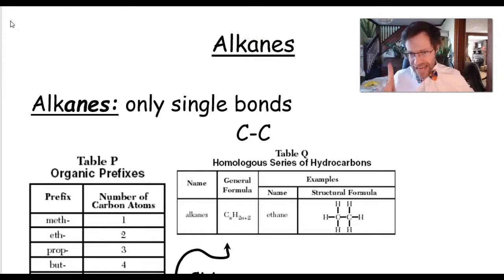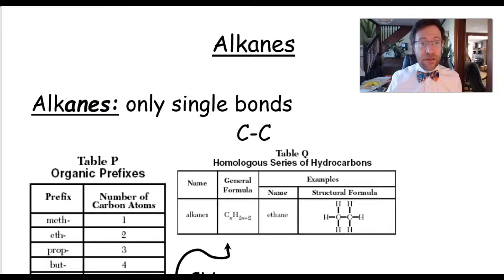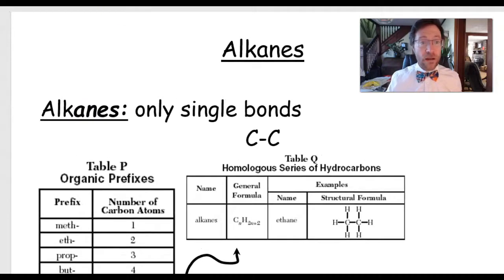Now, alkanes. How do we know that this particular molecule is an alkane? Well, it only has single bonds. That's how, right? If we have something with a suffix that is ane, A-N-E, that means it has only single bonds, and this is how we tell.